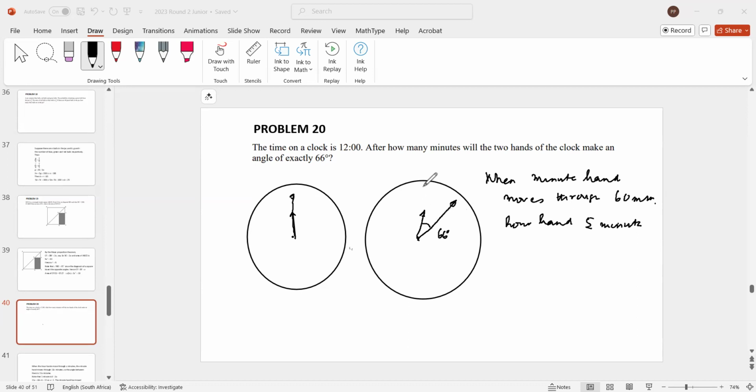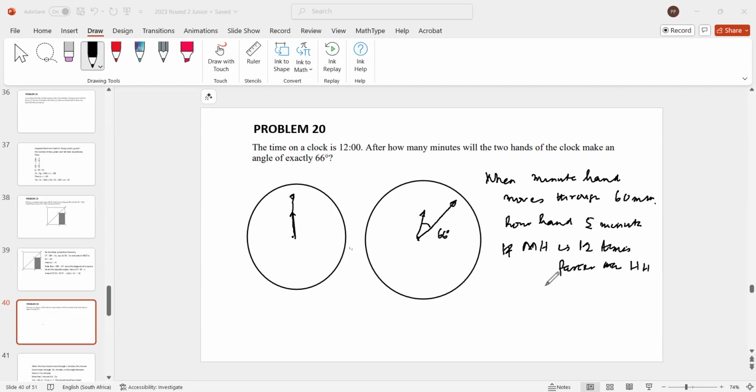So the hour hand just goes through 5 minutes when the minute hand goes through 60 minutes. So that means that the minute hand, MH, is 12 times faster than the hour hand. So for every movement of the hour hand by a certain amount, the minute hand moves 12 times more than that amount.